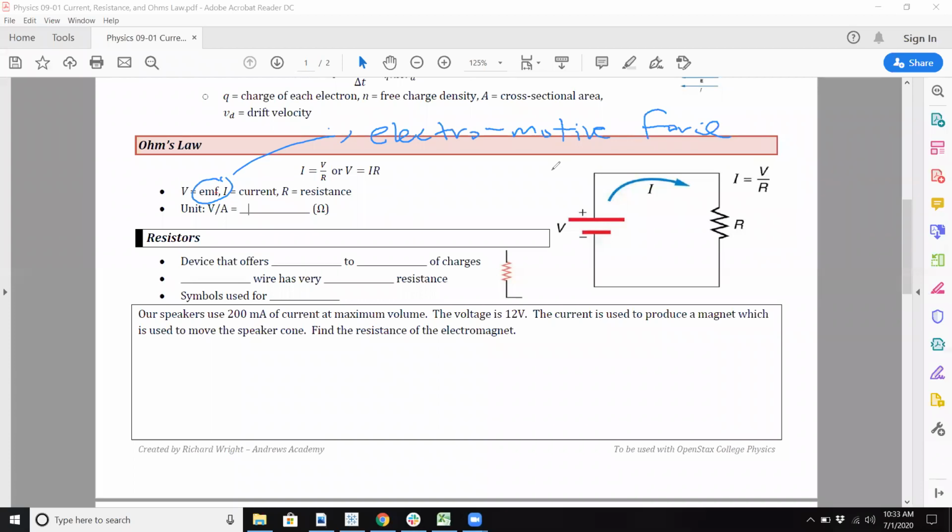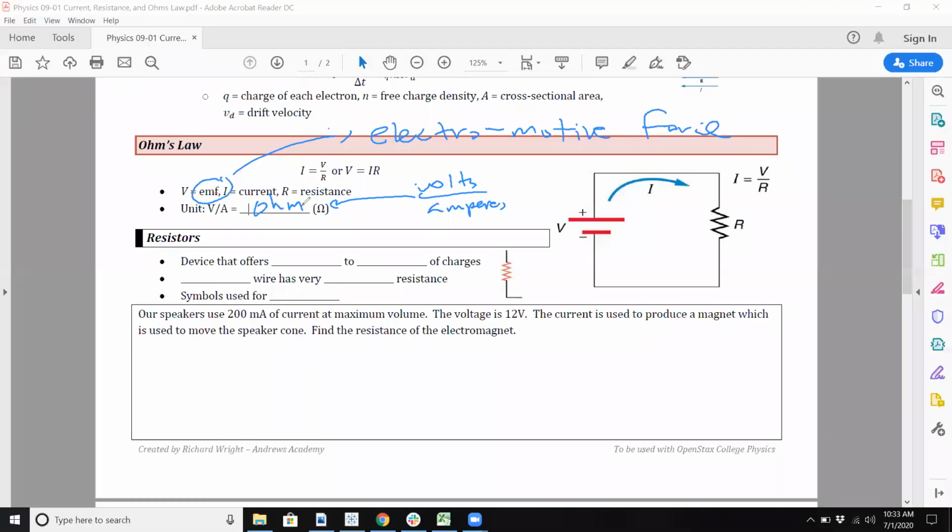So it's kind of like how much charge is coming through. Current is the charge per time, and then you have resistance. The unit, when you do voltage over amperes, is called an ohm, named after some guy with that name.